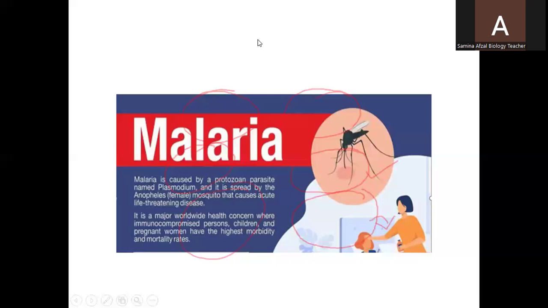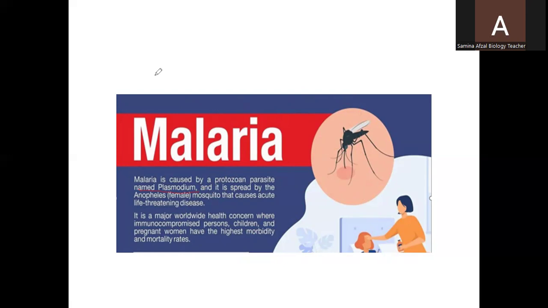First of all, we will discuss the first type of disease, which is called malaria. Malaria is caused by a pathogen, which is a microorganism called Plasmodium. Plasmodium is the pathogen which is the cause of malaria.